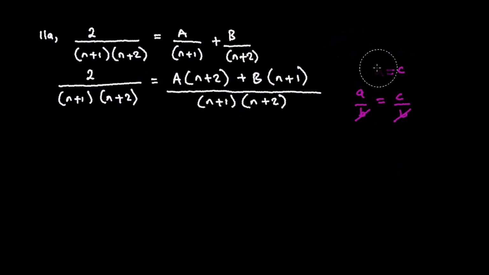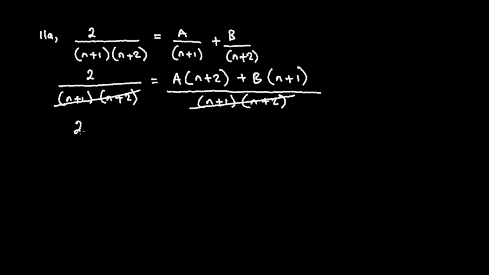That is one thing we can do, and that is what we want to do here. We see that the denominators are the same, so we are just going to cancel them out like this. Of course, you can multiply both sides by the denominator and come to the same result.